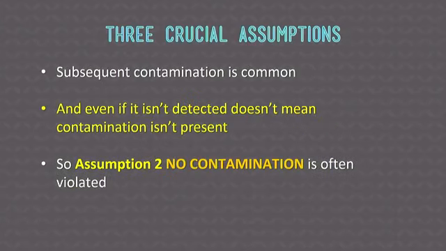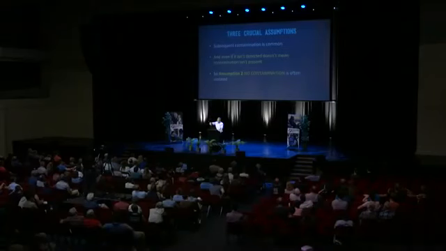Subsequent contamination is common. You realise that you may not have been down a mine shaft, but you can go down a kilometre into a mine and you will still see contamination of the rocks. Down cracks, the water will come, bringing oxygen in the groundwater, and you'll see rusting at that sort of depth.